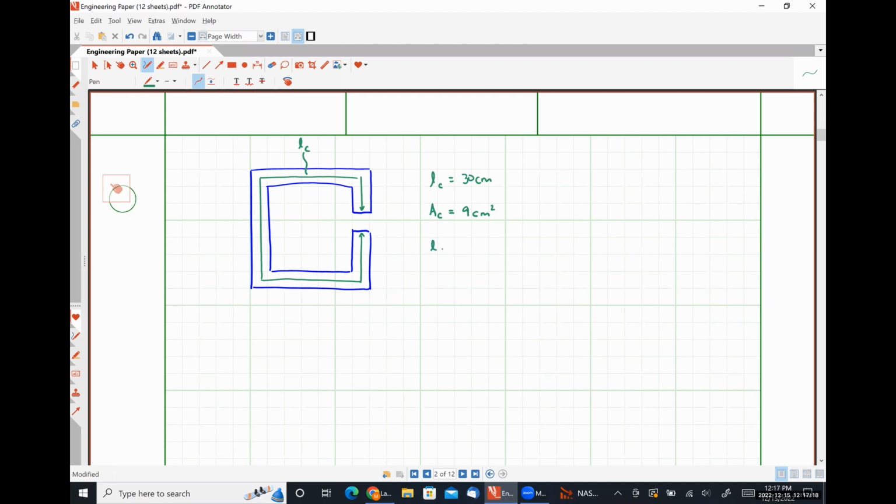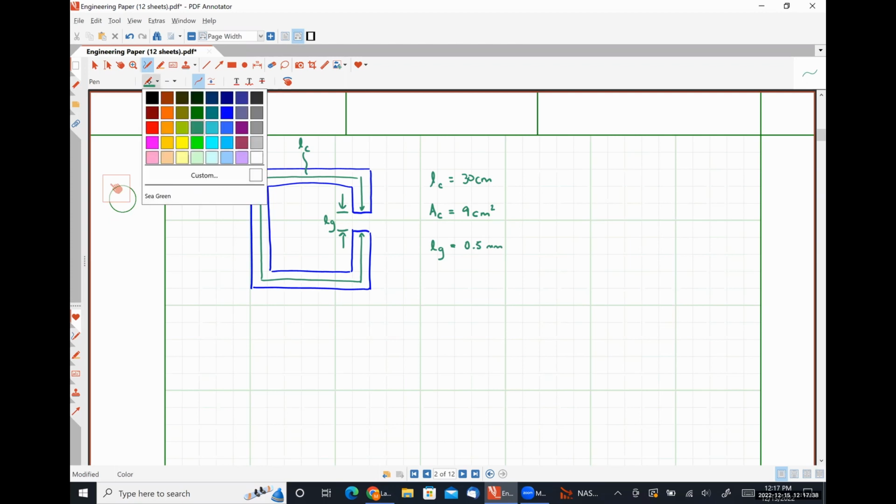And our air gap here, LG, is half of a millimeter. Just one thing that I want to point out here.